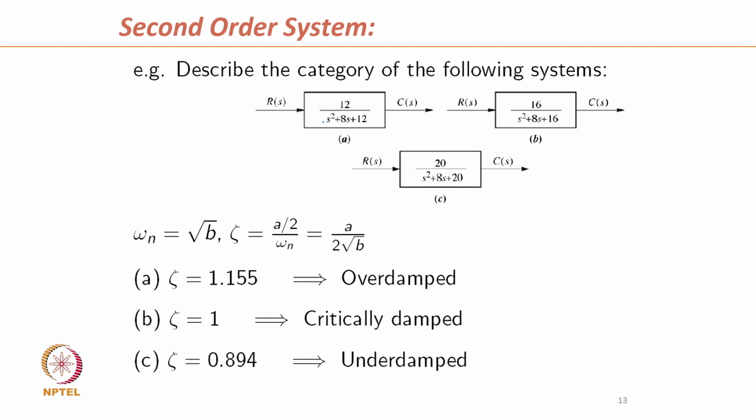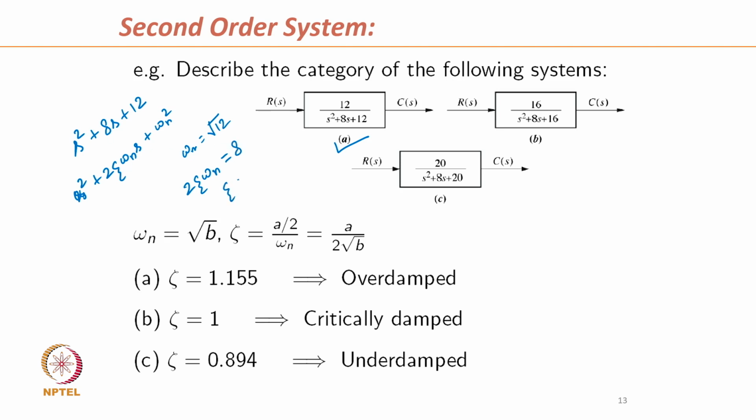Let us say in the first example the characteristic equation is s square plus 8s plus 12. If we compare it with our standard equation, s square plus 2 zeta omega n s plus omega n square, we can see omega n square is 12. So, omega n is equal to root 12, and 2 zeta omega n is equal to 8.